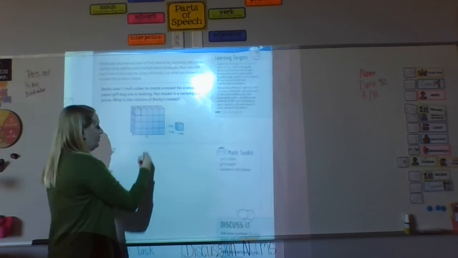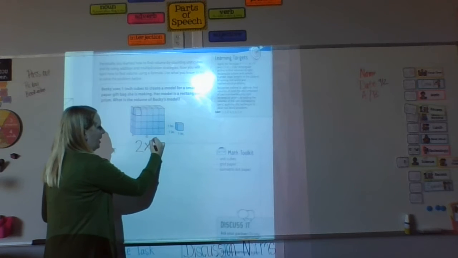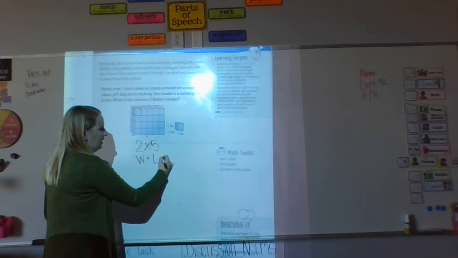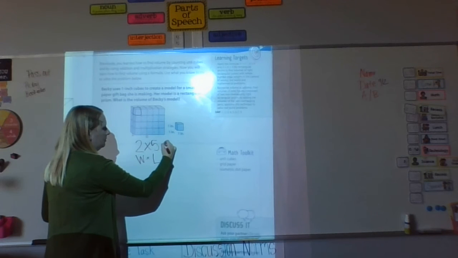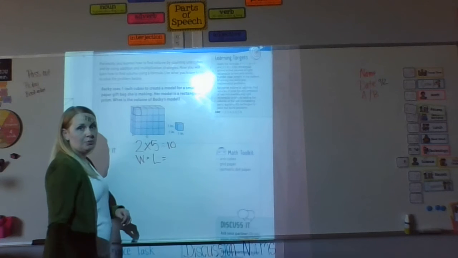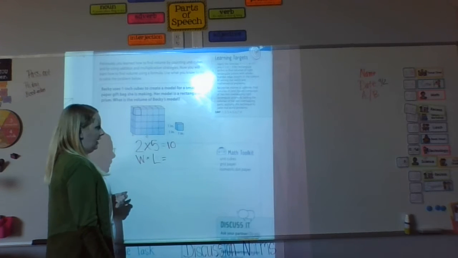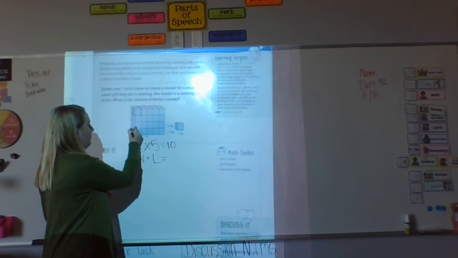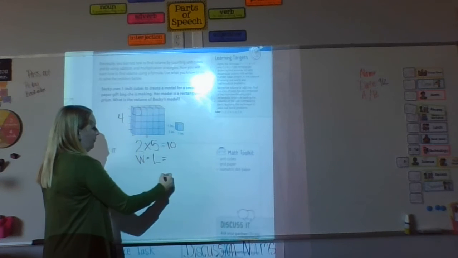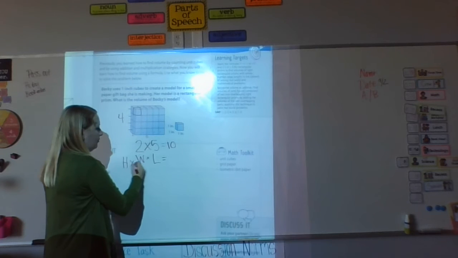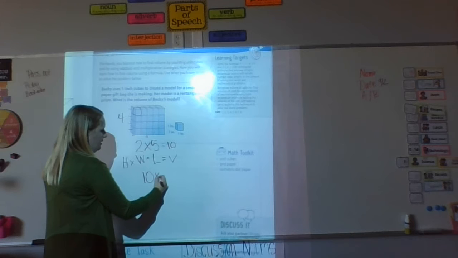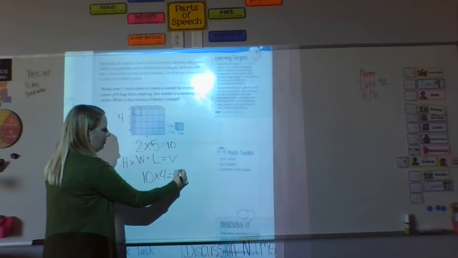If we do multiplication, 2 times 5, which is width times length, we know there are 10 cubes in each layer. Then we count how many layers we have: 1, 2, 3, 4. That's our height. If we add height to our formula, we get the volume. So we take this bottom one, times 4. Our volume is 40.